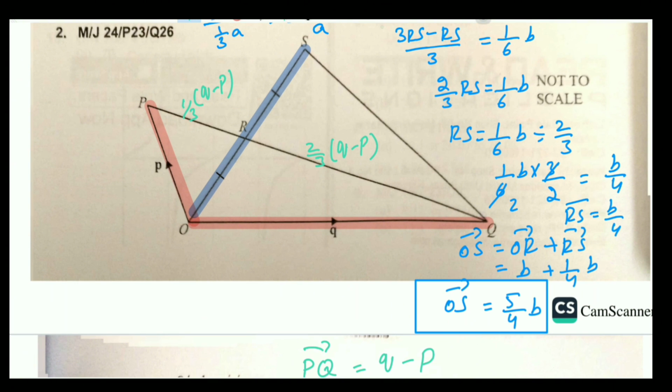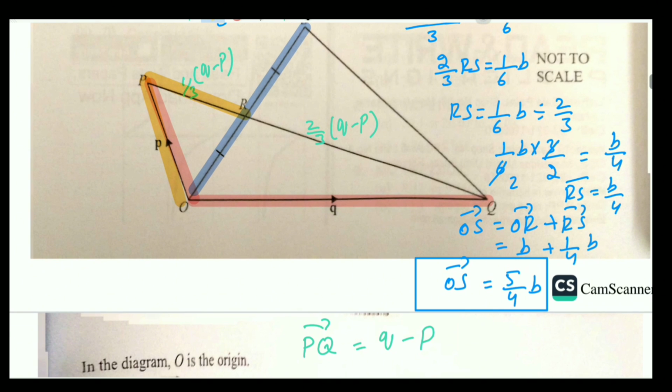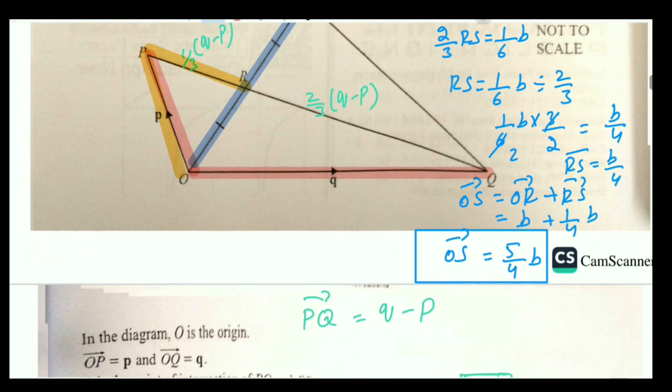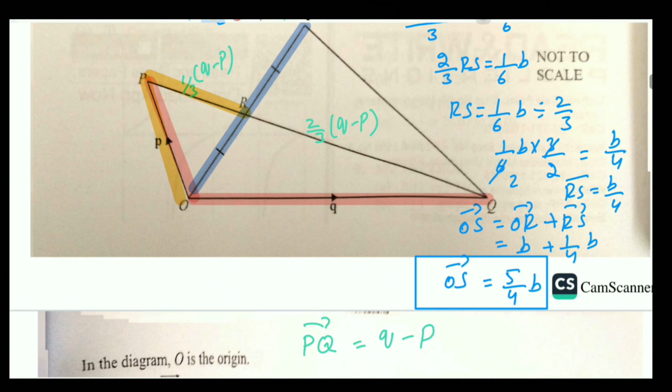Okay, so we can use this path for OR, this one and this one. So OR is OP plus PR. So it will be positive P, and PR will be plus 1 by 3 Q minus P, because its arrow is towards Q, because we found PQ.